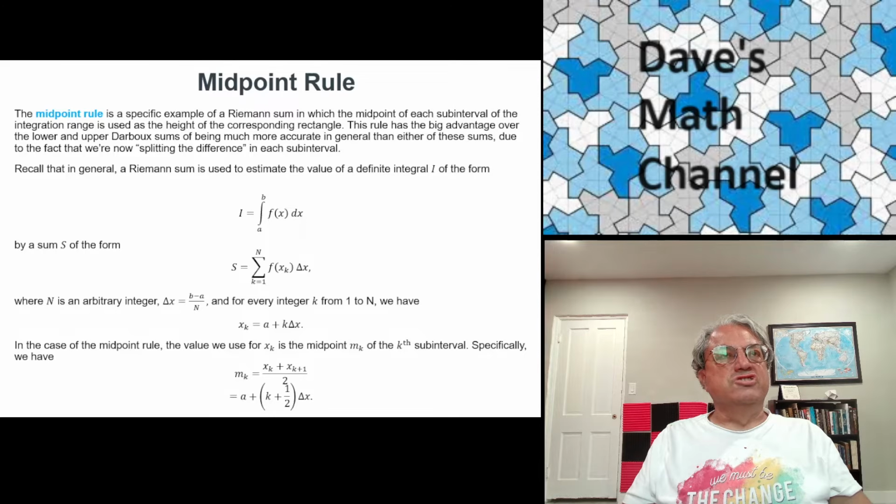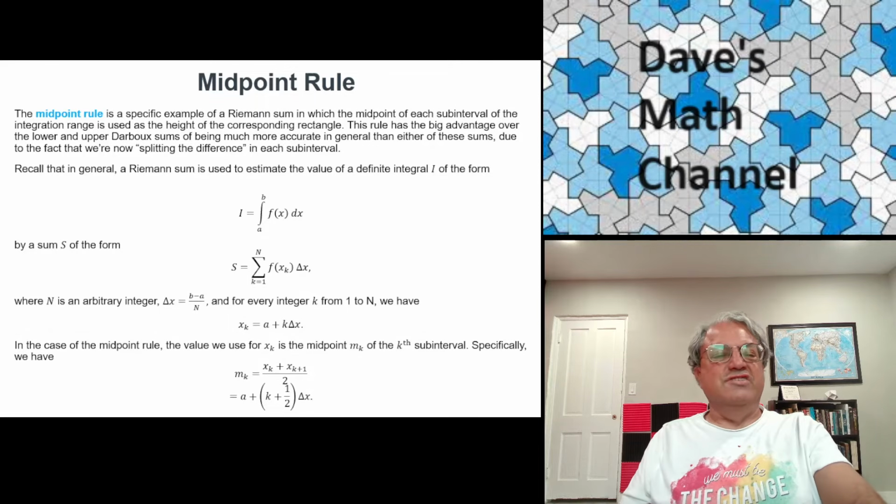Anyway, m sub k is the formula for the midpoint. I think it's pretty easy to see that. And we can come up with a specific formula for that, which I do on the bottom of the slide. It's just a plus k plus 1/2 times delta x, where delta x is b minus a over capital N. So that's how you do that. That sounds like a lot, but you'll see it's not that hard if you do some examples.